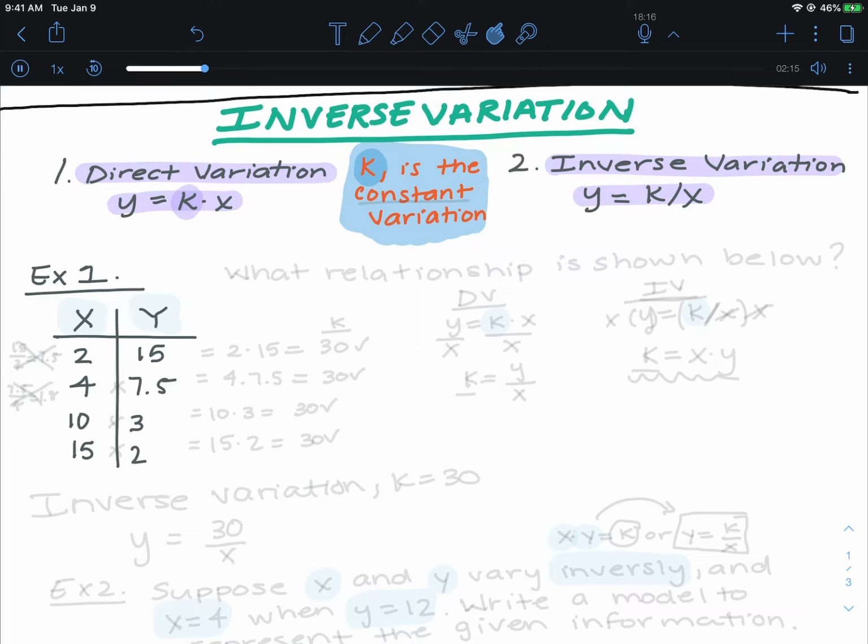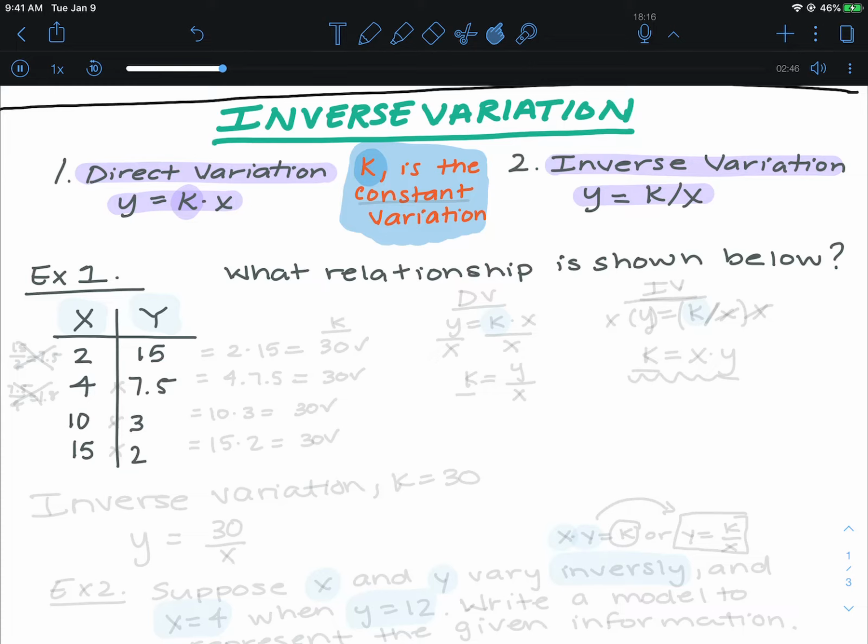And we want to know what relationship is shown below. This is going to be about variation, right? So what variation are we seeing here in this problem? It's either going to be inverse or direct variation.